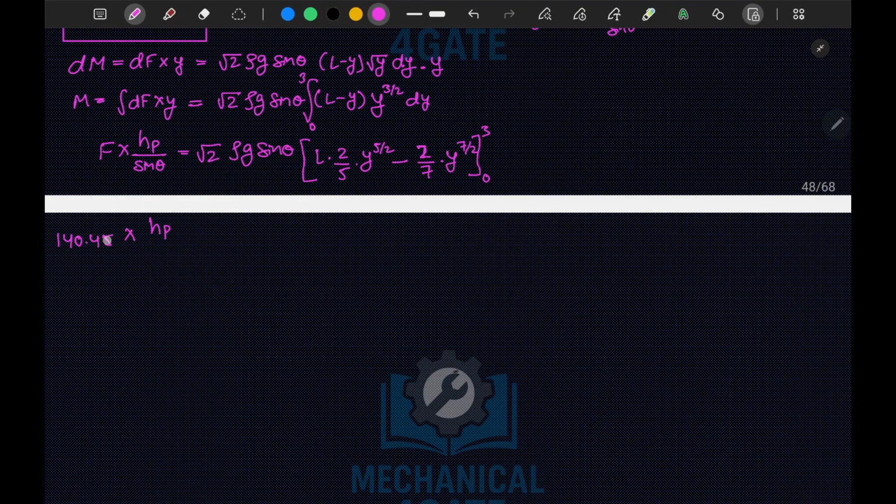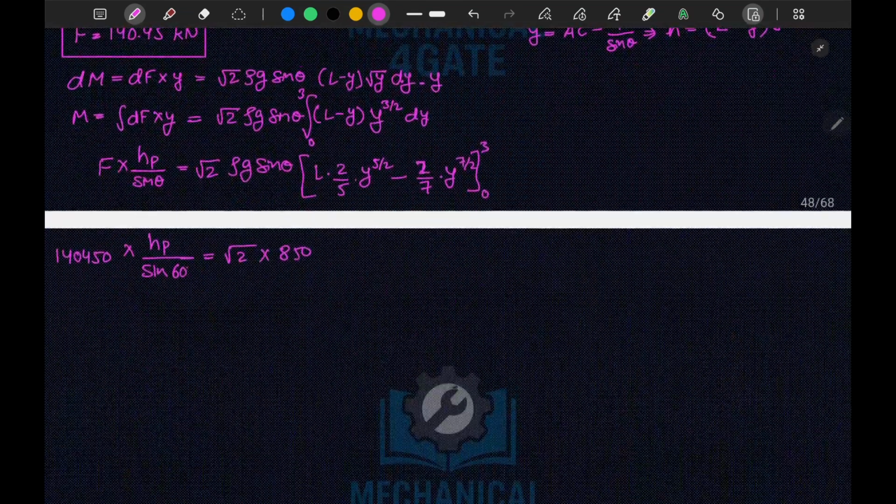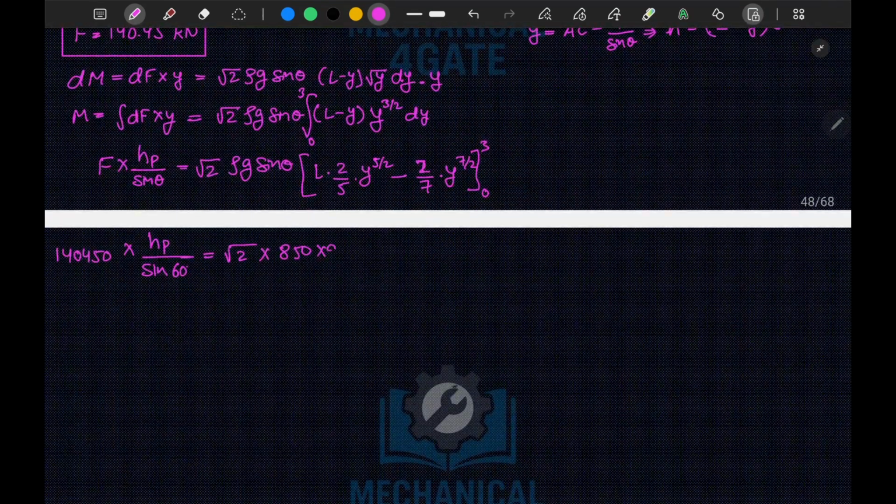It is in kilonewton, so let's write it in newton: 140,450 newton, divided by sine 60 degree, equal to root 2 into rho, which is 850 as mentioned in the question, times g, that is 9.81, into sine 60.